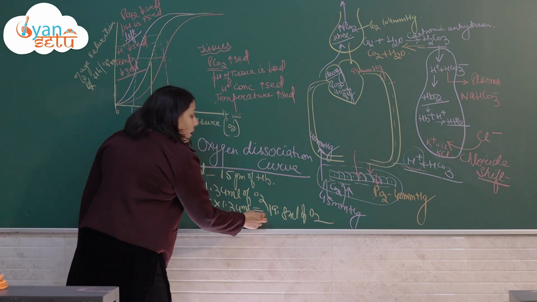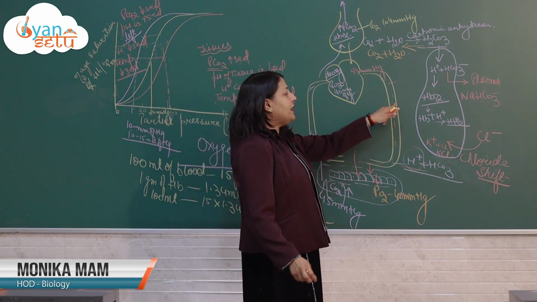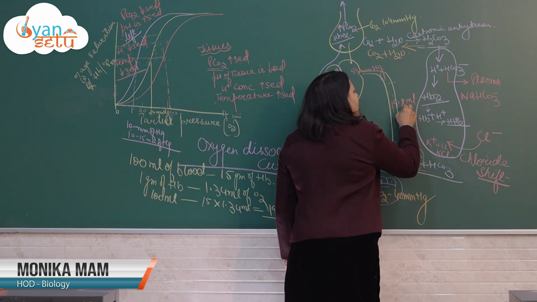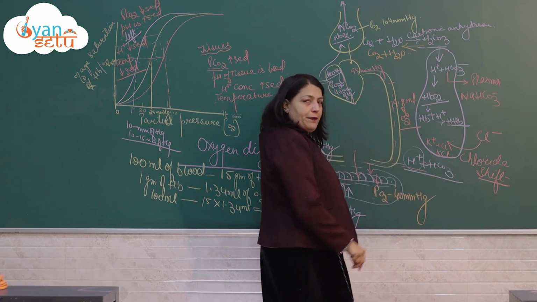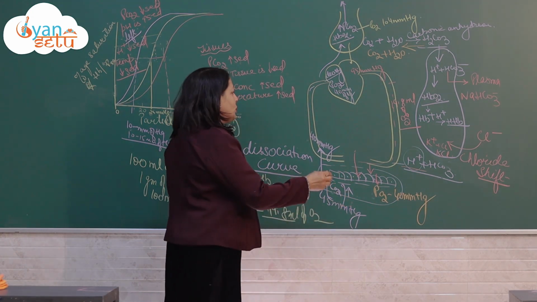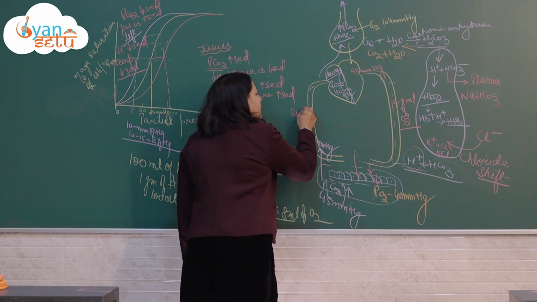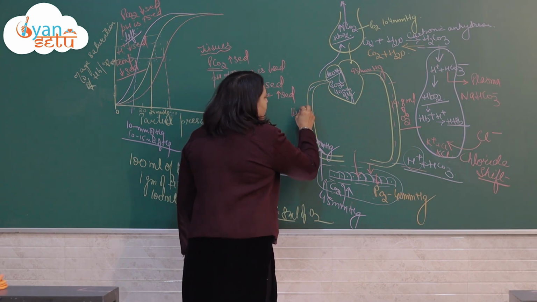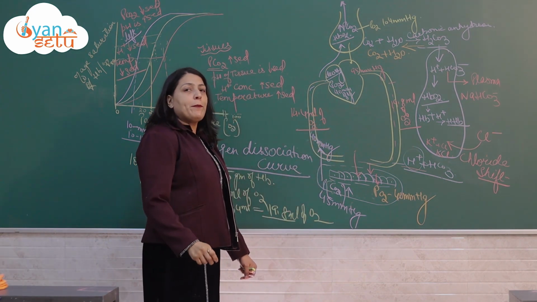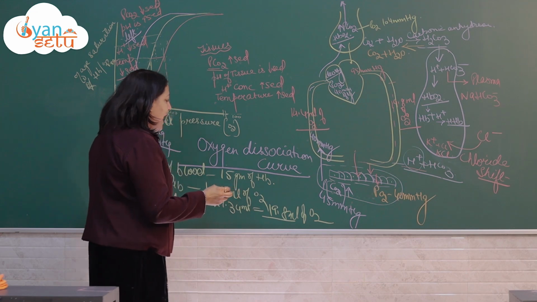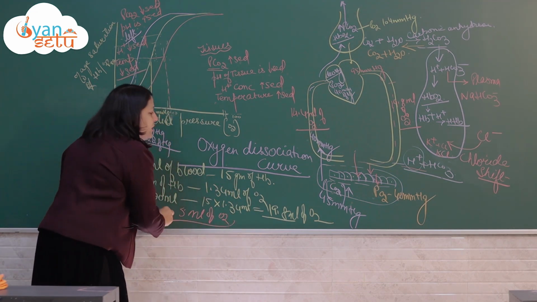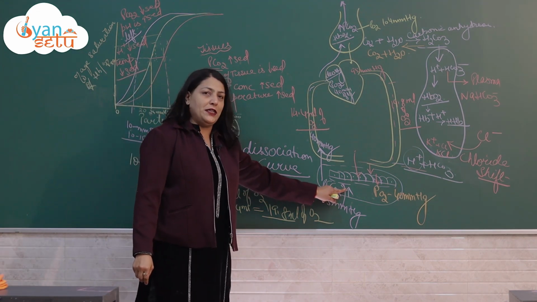Okay, so if we will measuring the arterial blood, 19.8 ml of oxygen is there, and after transporting it to the tissues, I have got 14.4 ml of oxygen. So approximately 5 ml of oxygen is transported to the tissues.